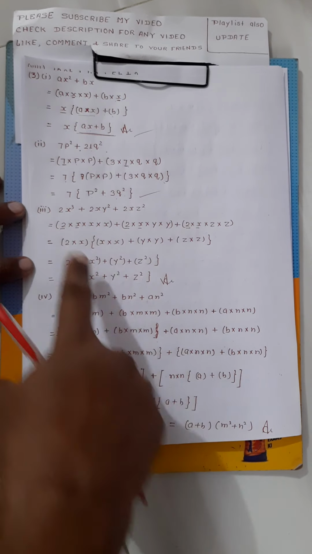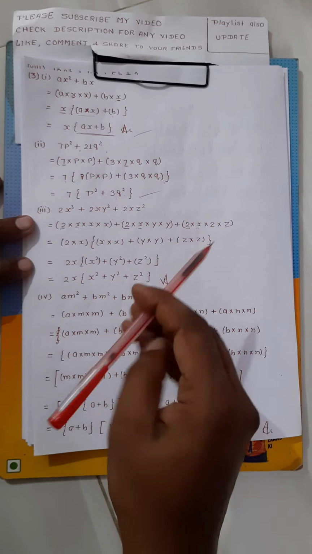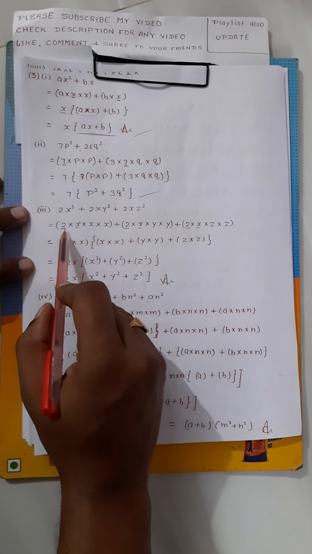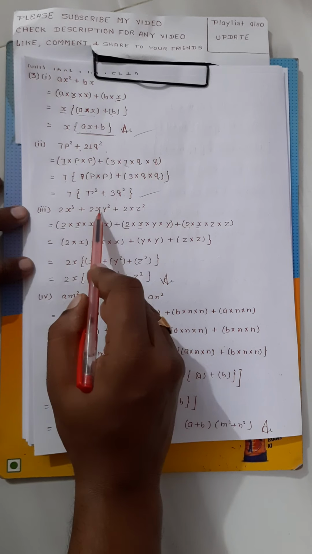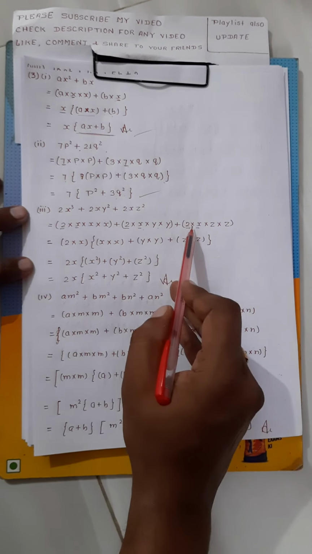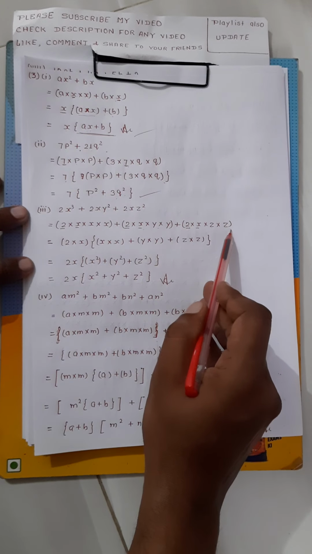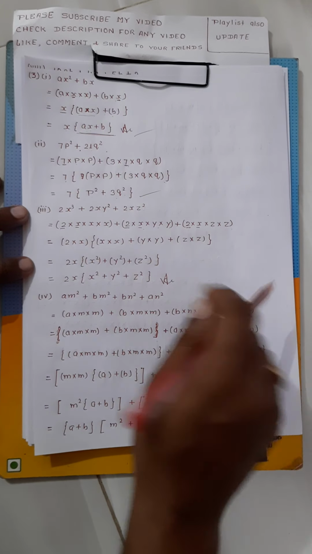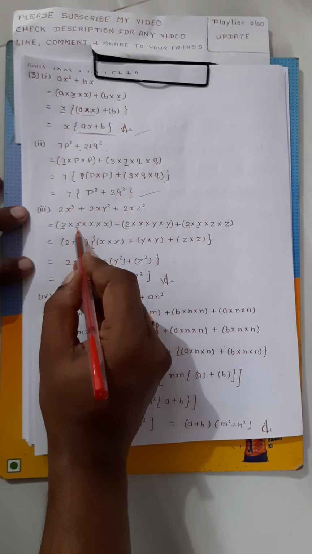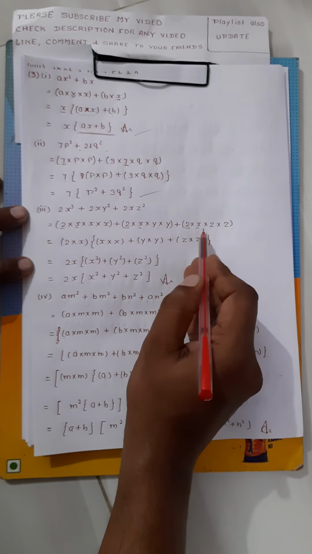Now for the question number 3, first we factorize 2x cube, the value will be 2 into x into x into x; 2xy square, 2 into x into y into y; and for 2xz square, our value will be 2 into x into z into z. Now we check for common factor. 2 is common in all. Again, if we check for x, the x is common in all.